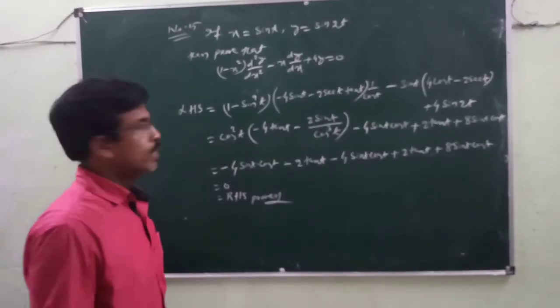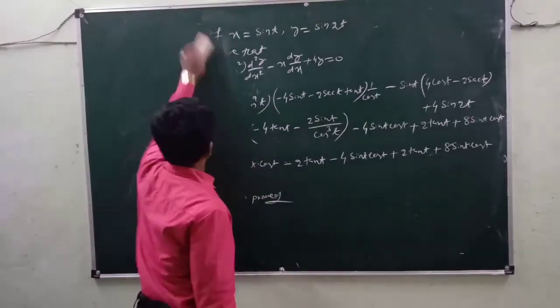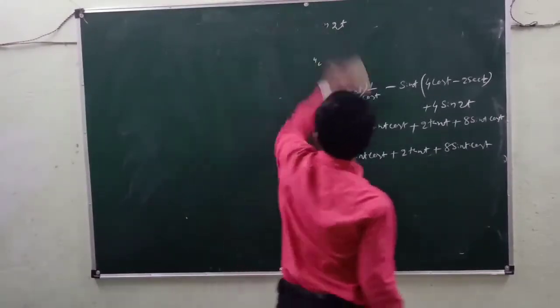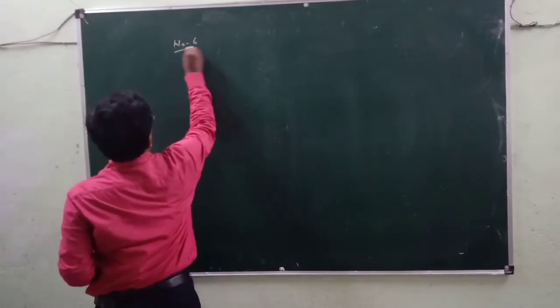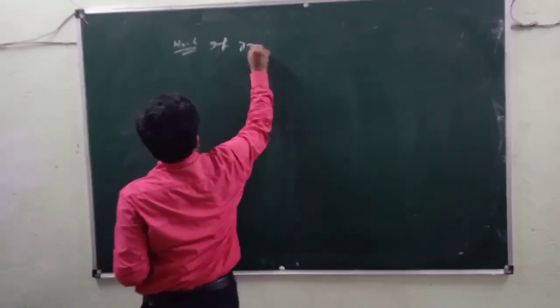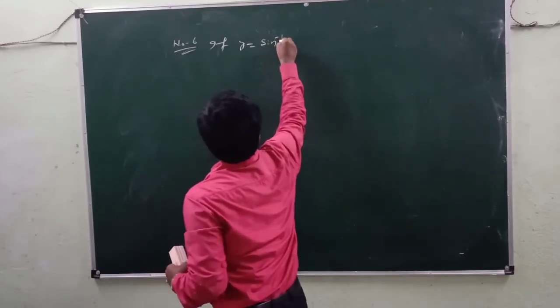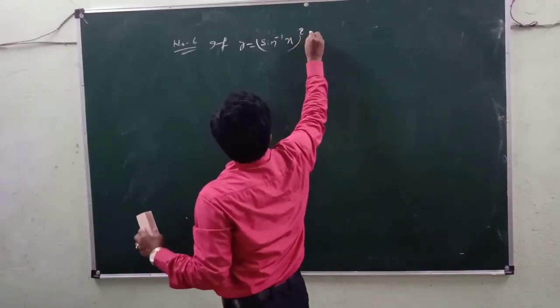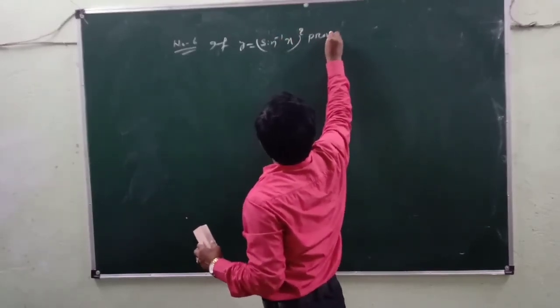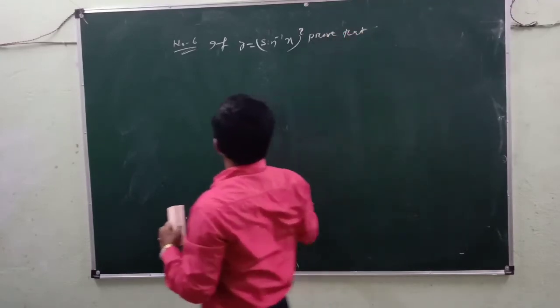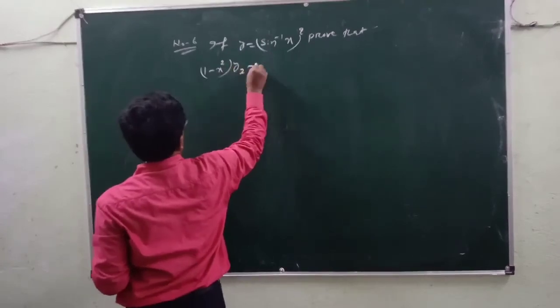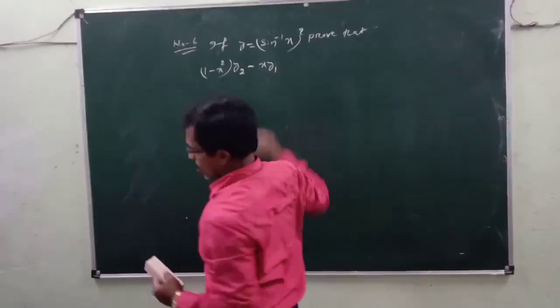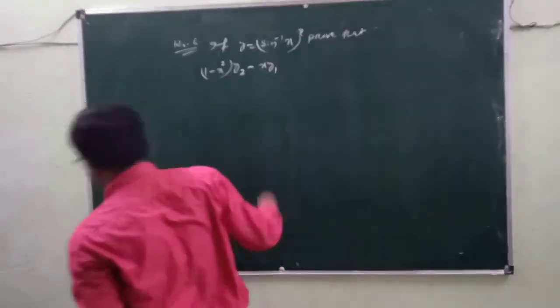Then number 6. The question is, if y equal to sin inverse x whole square, prove that 1 minus x square y2 minus x y1 minus 2 equal to 0.